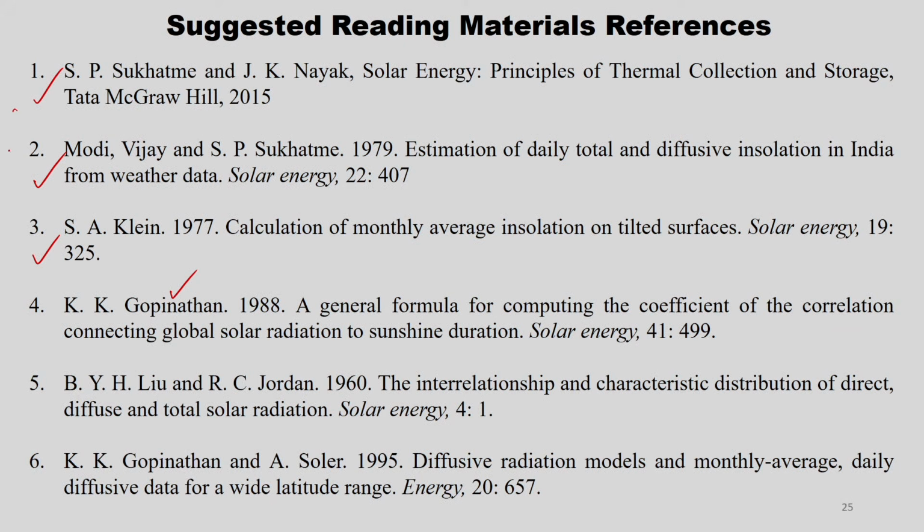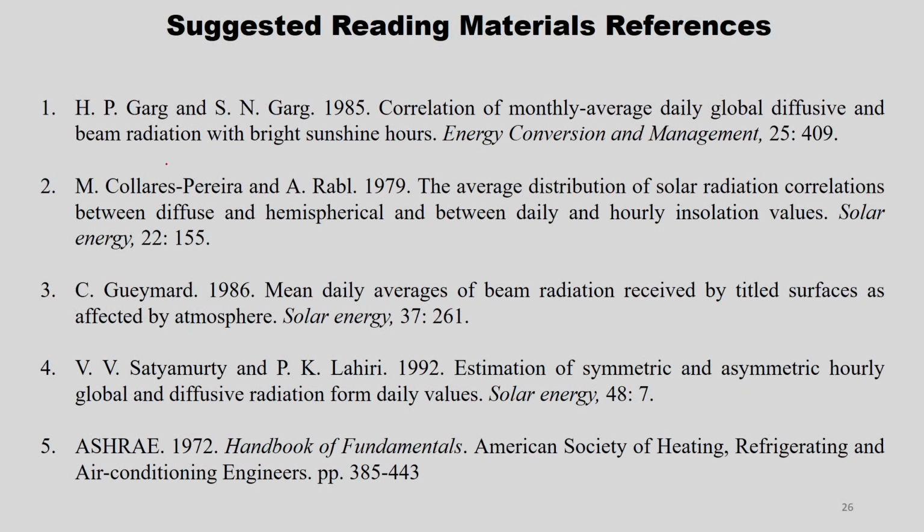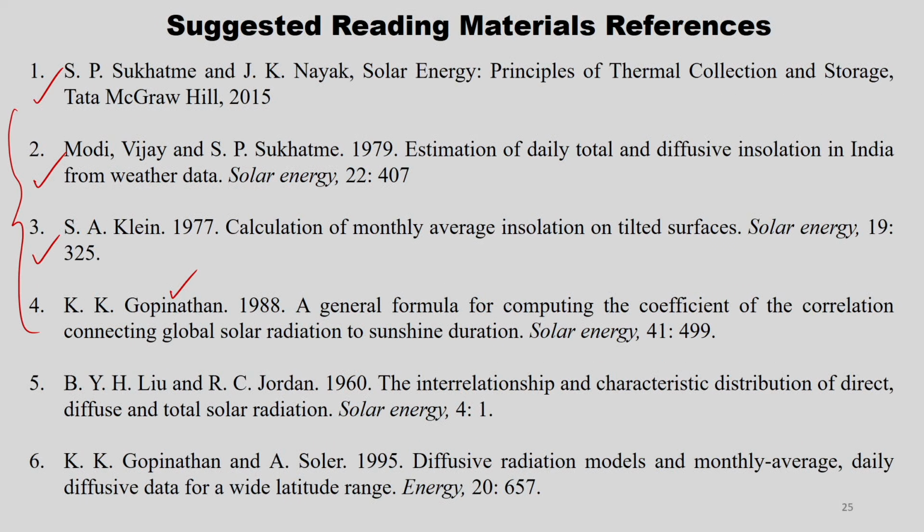These references we have used today, and also Collares-Pereira and Rabl, and Goimard. The rest of the references we will be using for further calculations, which I will let you know in the next lecture. Thank you.